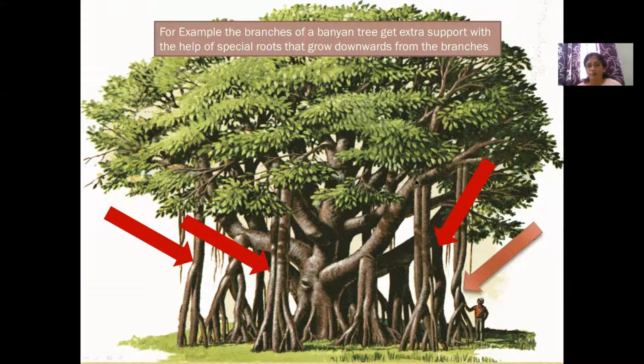You can see so many roots. So the banyan tree is a huge tree which spreads across a large area. To support such a plant, these roots grow from the branch and go under the ground. They give extra support for this plant to stand straight on the ground, children.